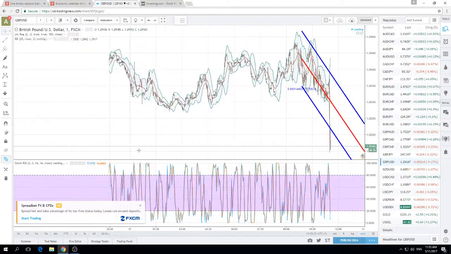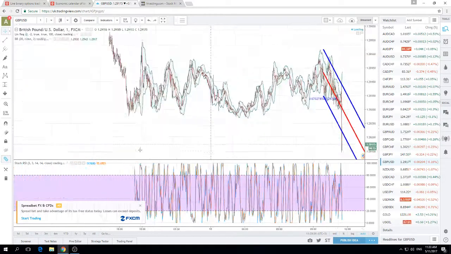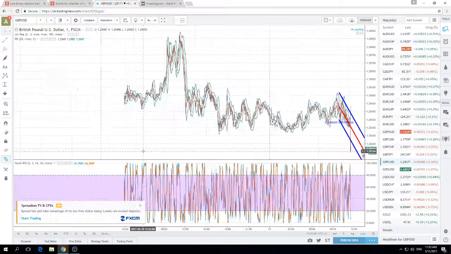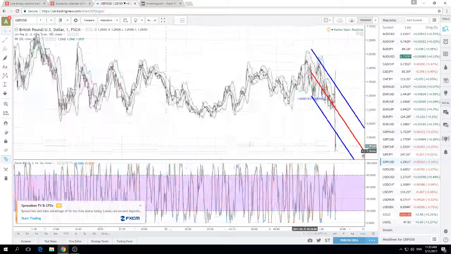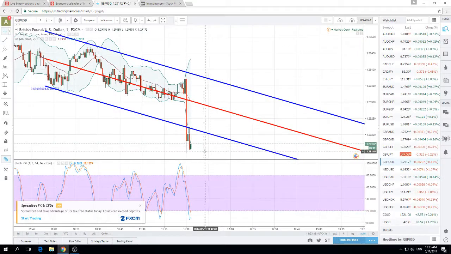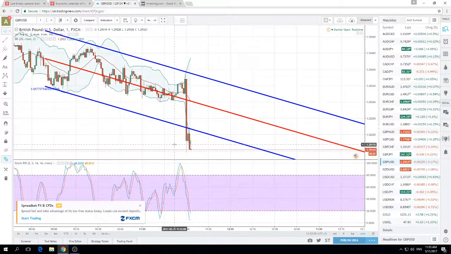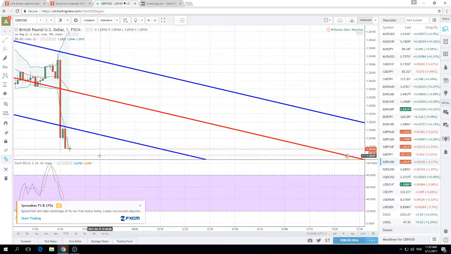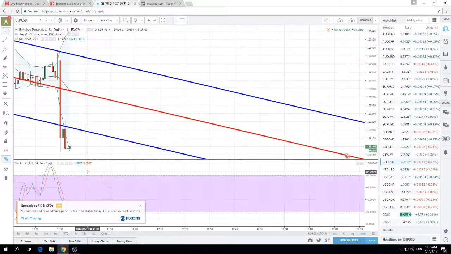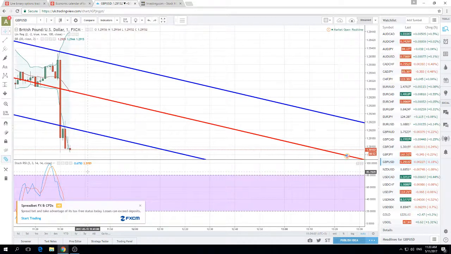That's pretty low range for the British pound. In 10 seconds, another candle will appear, so we will see further.